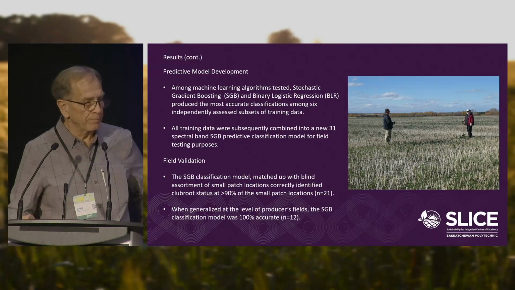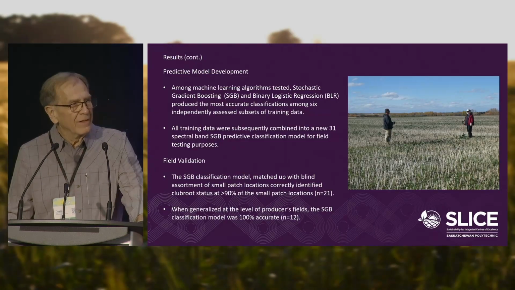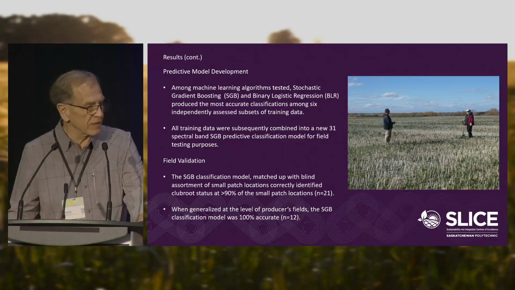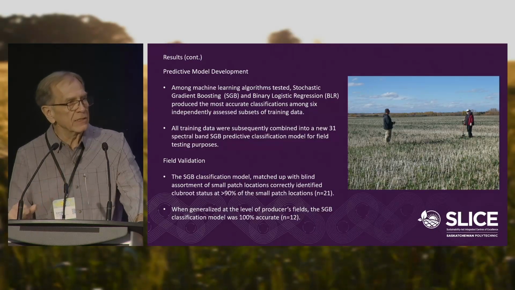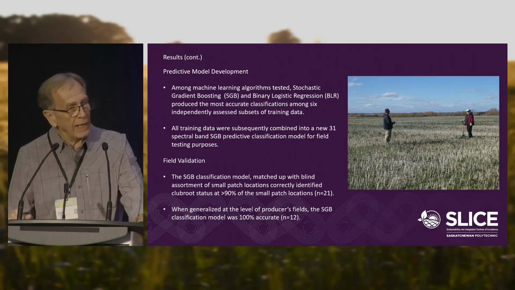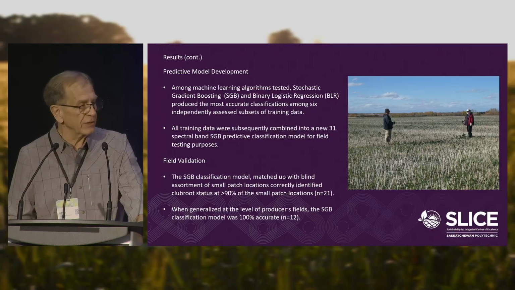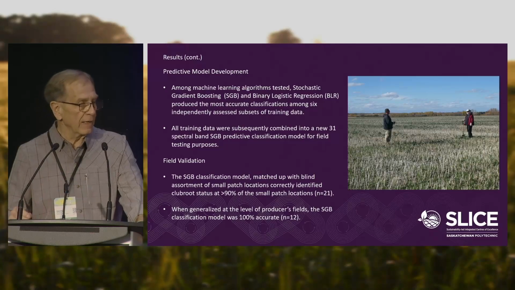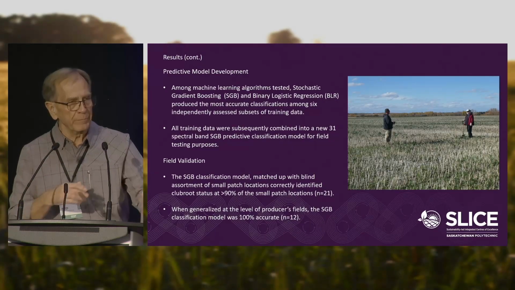All right, so predictive model development. Again, I sort of had to skip over this previously, but among the machine learning algorithms tested, stochastic gradient boosting and binary logistic regression produced the most accurate classifications using independently assessed subsets of our training data from DLC.